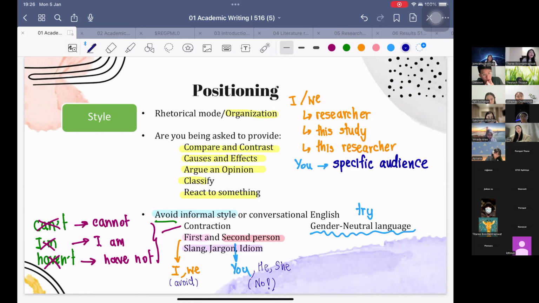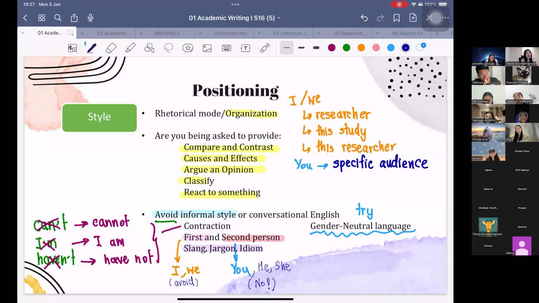However, in your presentations, yes, you can go for slang, jargon, or idioms. However, if it's a professional or academic presentation, try to minimize them. Again, jargon, idioms, and slang can be misinterpreted.